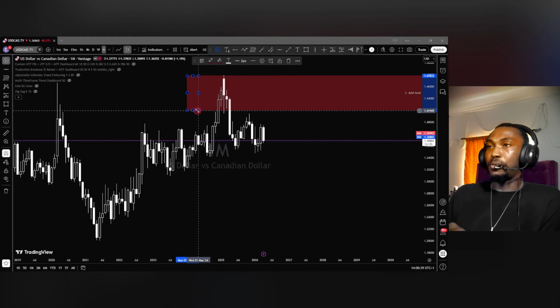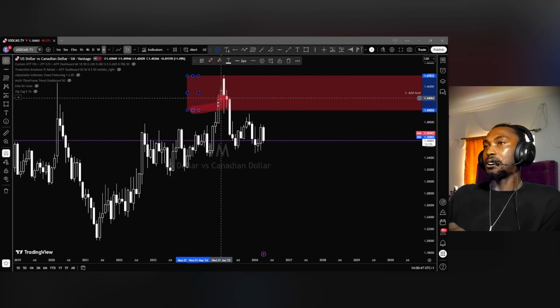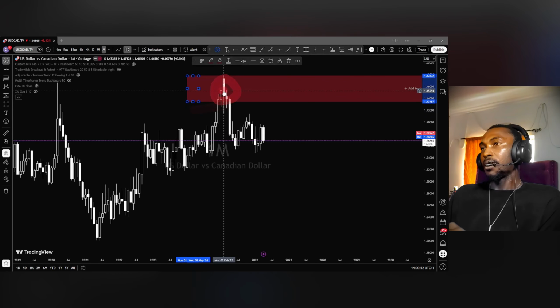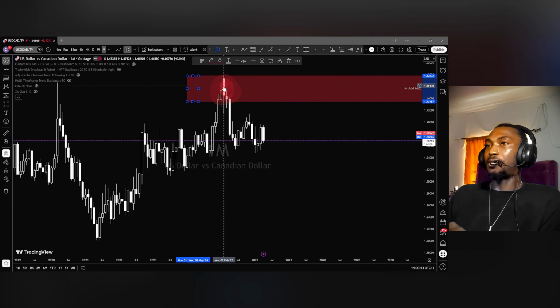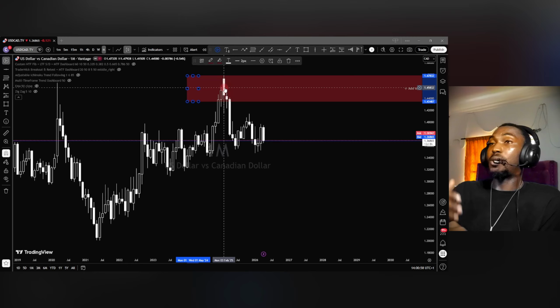Whatever it is that happened in the news that made people feel like the Canadian dollar is now more valuable than the US dollar is why we end up seeing this here. So basically, everything here says that at this point, the Canadian dollar started getting some sort of more respect, or the US dollar started getting some sort of disrespect.